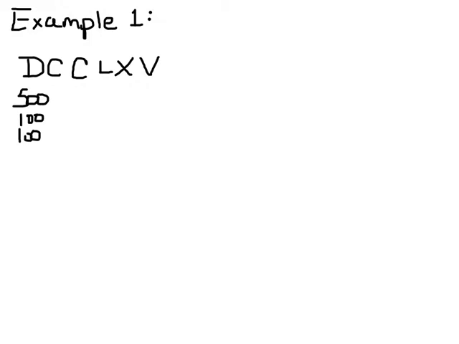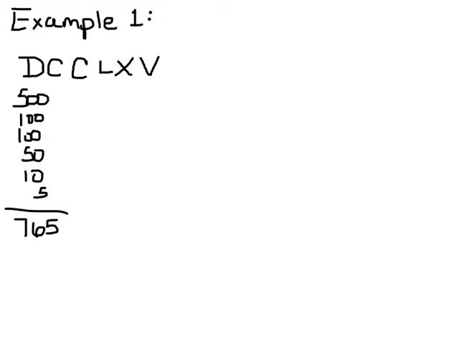L stands for 50. X stands for 10 and V stands for 5. If you add all that up, you get 750, 760, 765. And that's really how you do that.